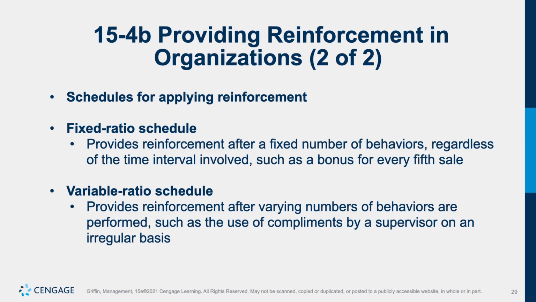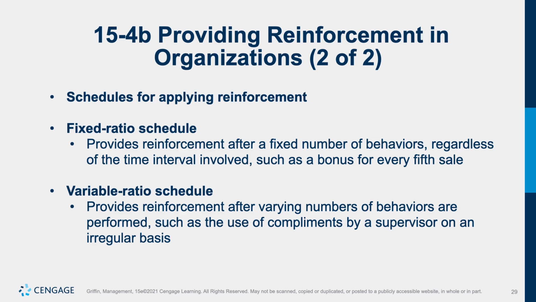Further on providing reinforcement in organizations, we have the fixed ratio schedule, which gives reinforcement after a fixed number of behaviors, regardless of the time that elapses between the expression of those behaviors, right? An example of this schedule is a bonus after a certain number of sales. Under this arrangement, motivation will be relatively high because each behavior gets the employee closer to the reinforcement.